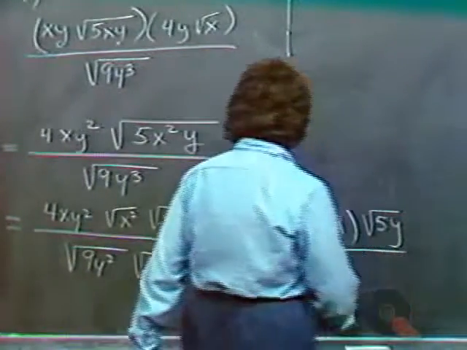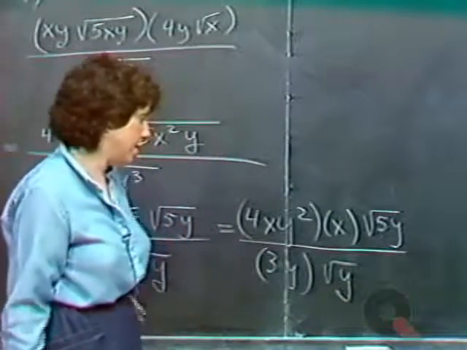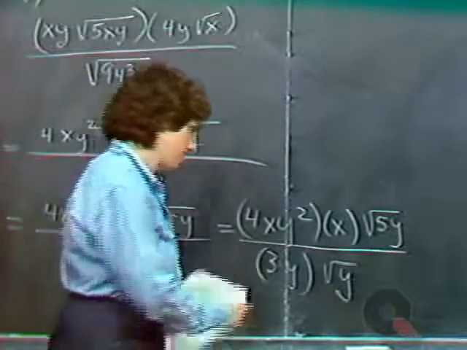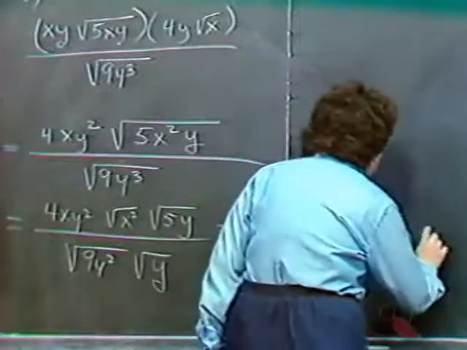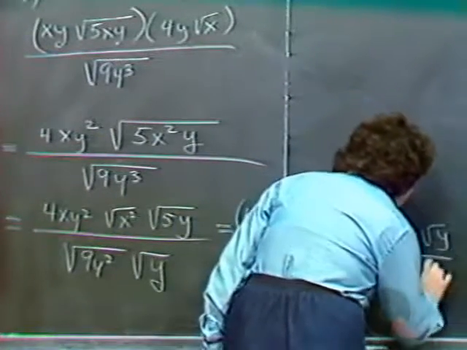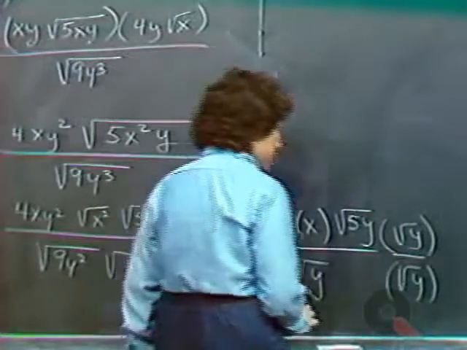Okay. Now, we still don't have simplest radical form because we have a radical in the denominator. If we want to get rid of this radical in the denominator, we'd have to multiply numerator and denominator by the square root of y. And let's see what happens.